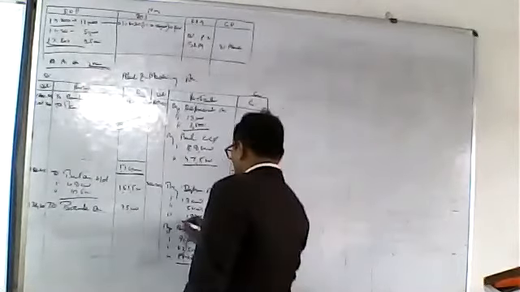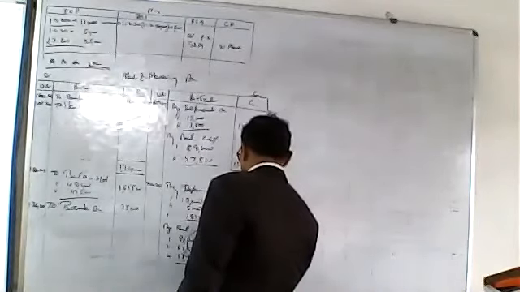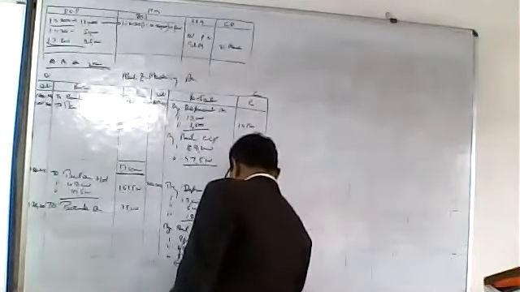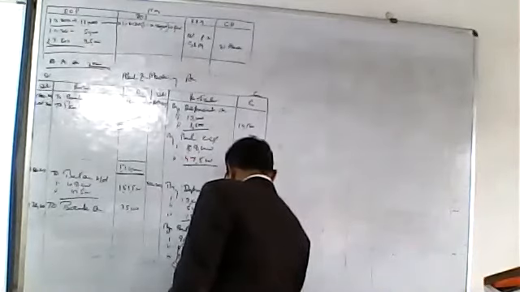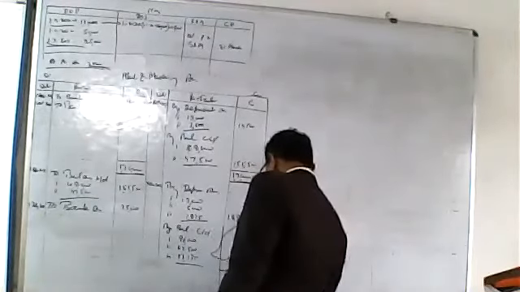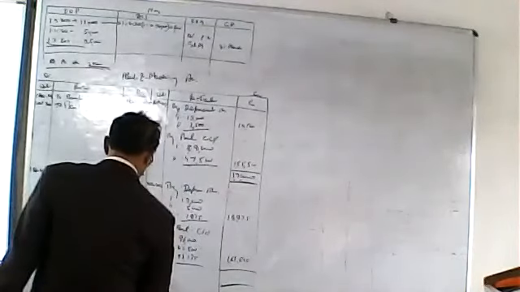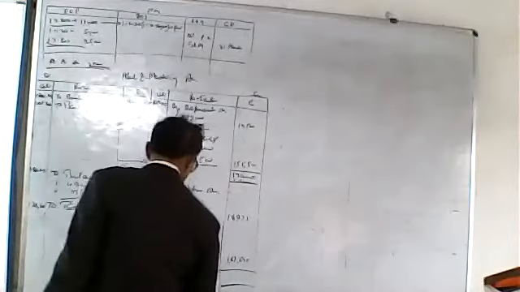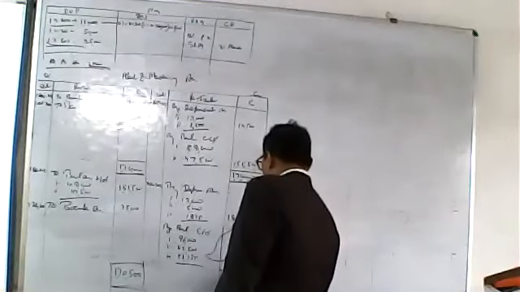The total depreciation is 18,875, and the total balance of remaining machinery is 1,70,500.